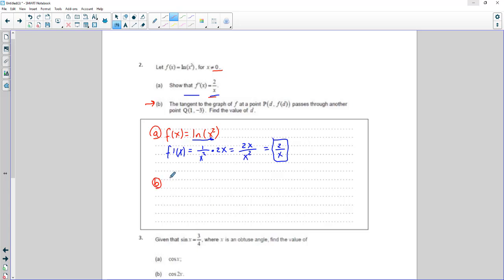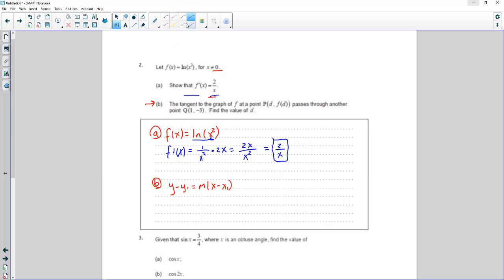The tangent of the graph of f at a point d, f of d, passes through another point 1, -3. Find the value of d. This is kind of tricky because we're going to have to use the point slope formula. We've done some questions like this on homeworks, but it's easy to forget these.